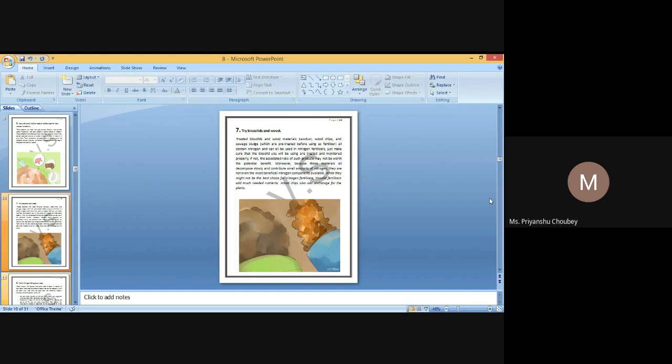Next, podzolization. The term podzolization is derived from a Russian word: pod means under, and zol means ash like. True podzols are rare, except some reports of podzol-like soil, pseudopodzol, from high altitude areas of Himachal Pradesh and Jammu Kashmir and northeastern states. Podzolization is a process of acid hydrolysis.